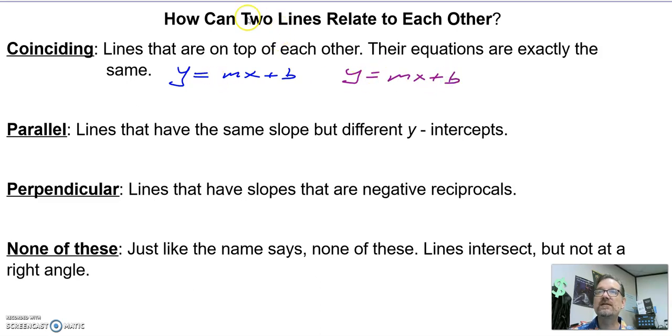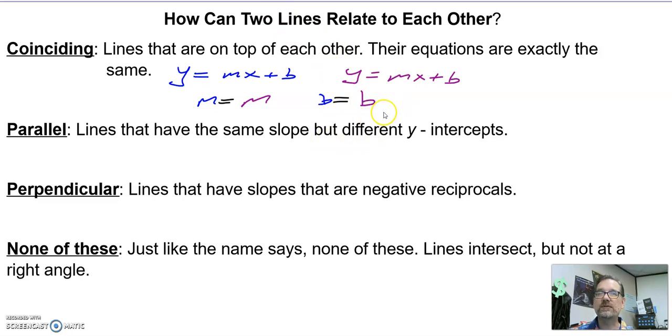So when I'm looking at these, I know the first m will equal the second m. Oh, sorry, I forgot one more. Not only does m equal m, but b equals b. M equals m and b equals b.